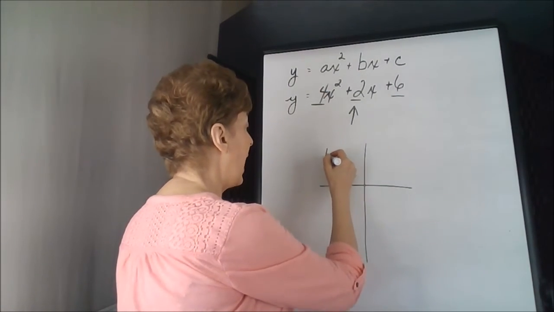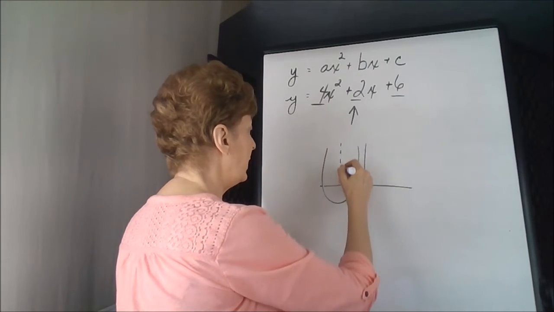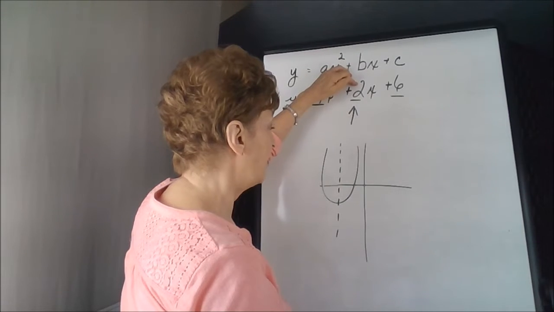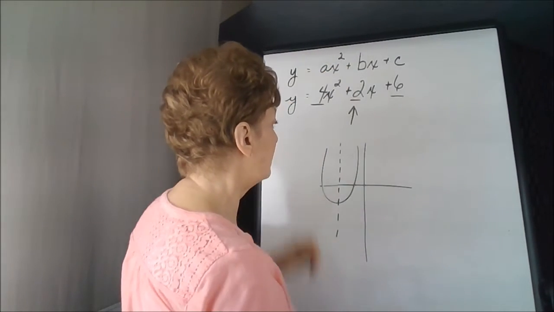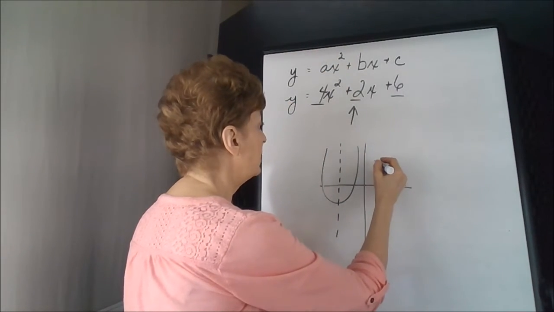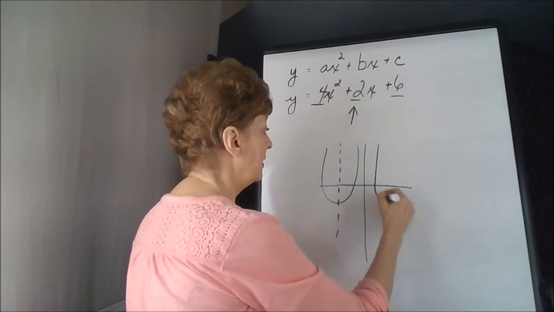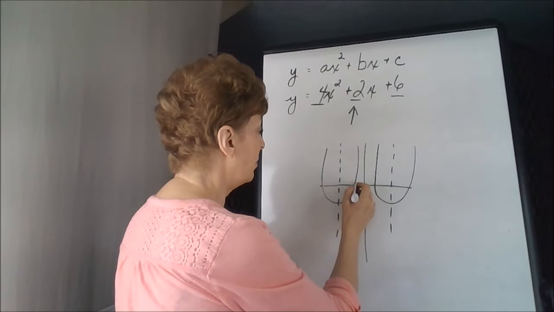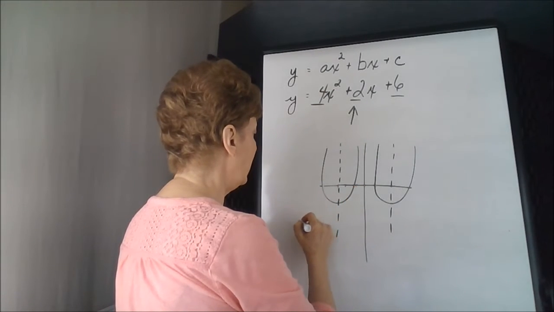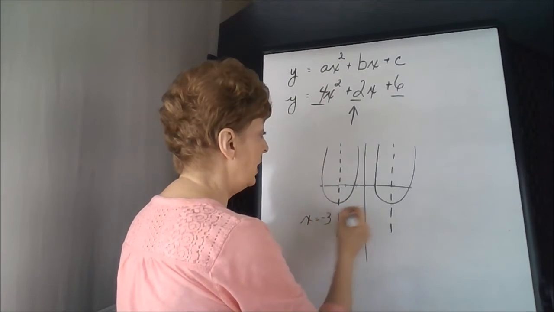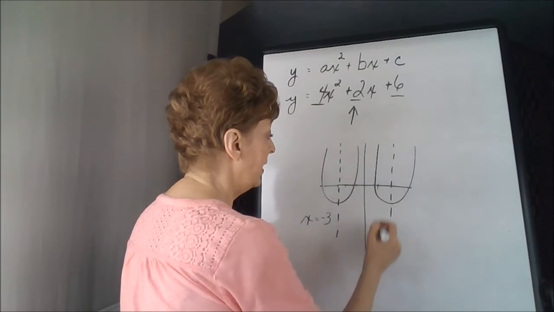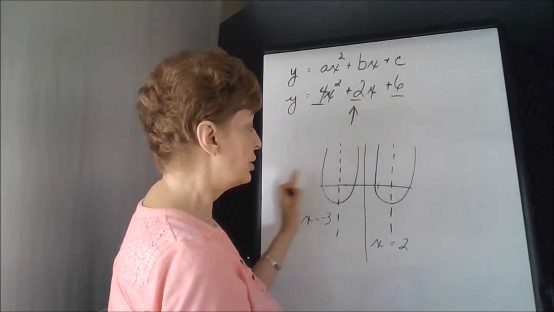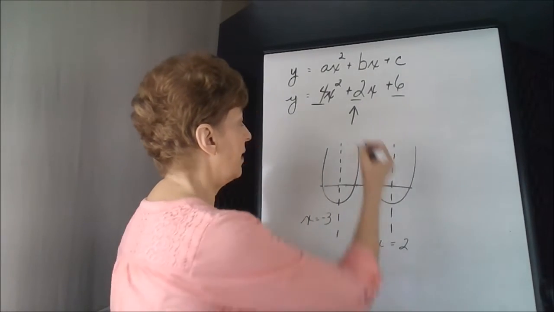So your axis of symmetry might be here, but as this number changes, the axis of symmetry could shift to perhaps this. So you might have x is equal to a negative 3. In this case, you might have x is equal to 2. So your parabola shifts right or left.